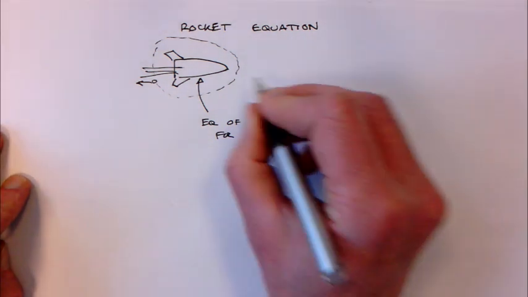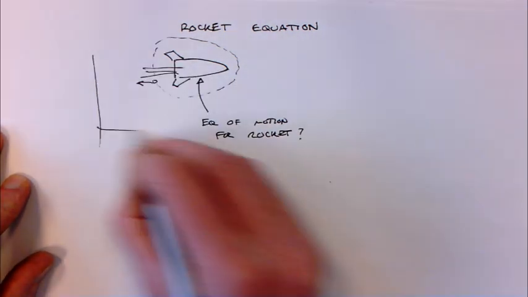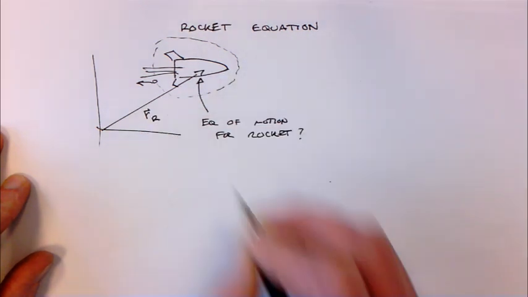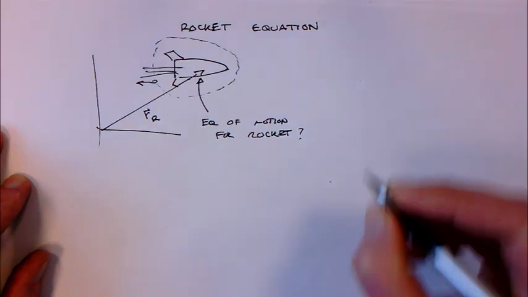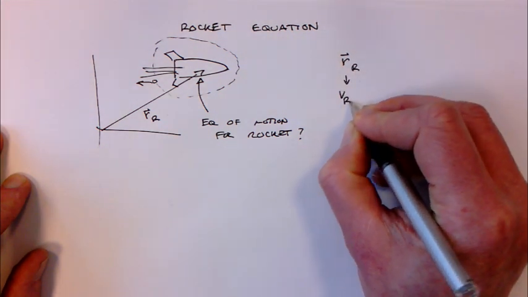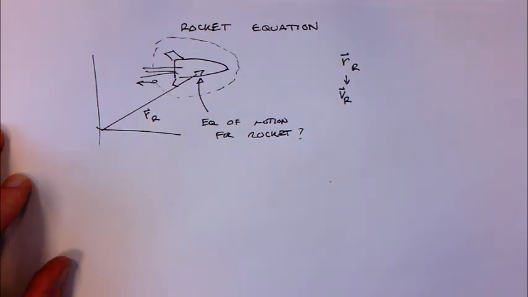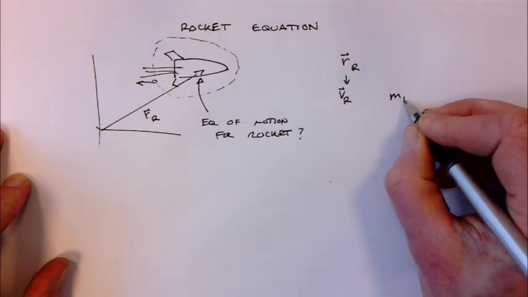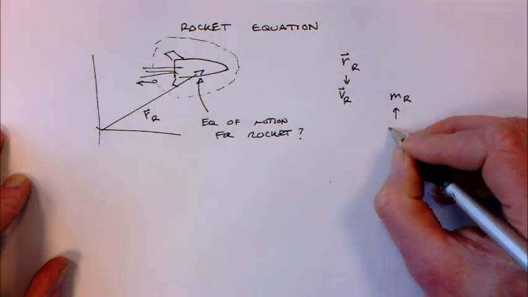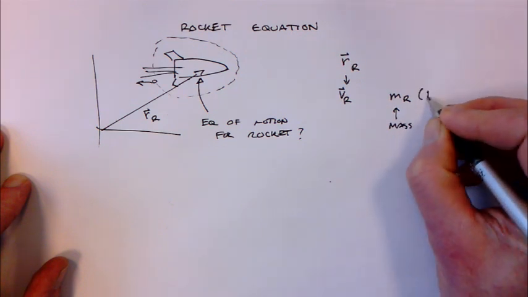I'm going to say that the rocket has a position. The rocket's position is given by the vector r sub r. That in turn implies that the rocket also has a velocity, which is v sub r. The rocket has a mass, m sub r, and note that the mass of the rocket changes in time.